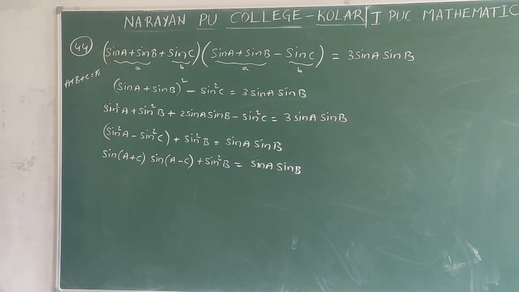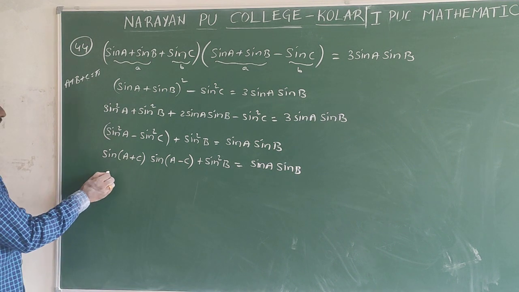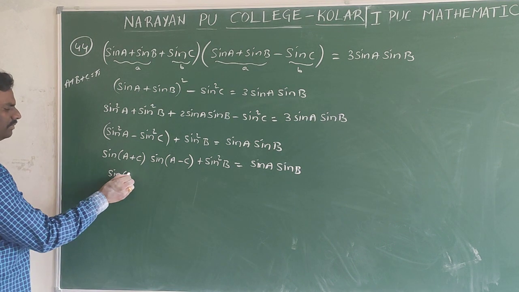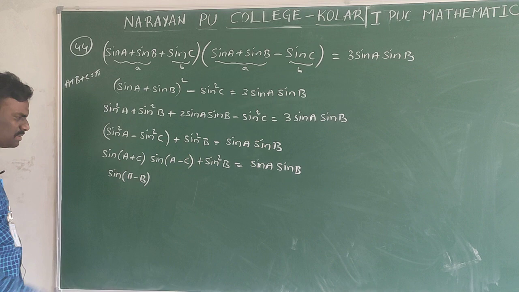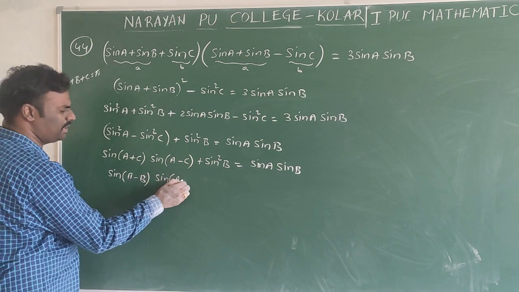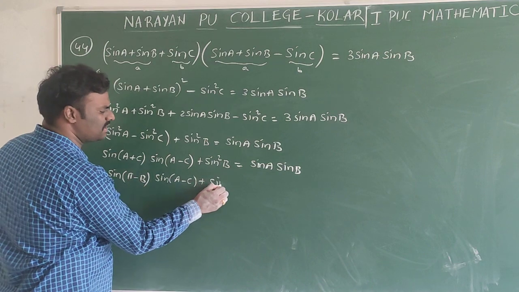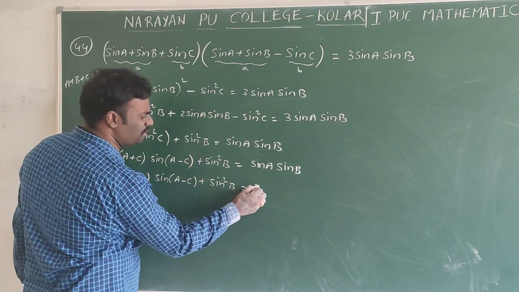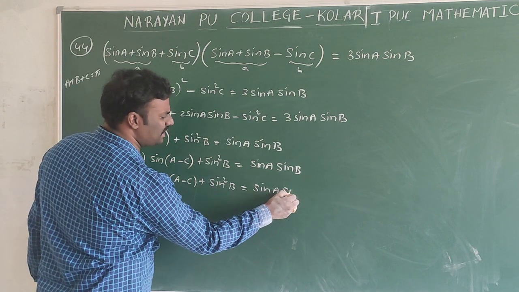From this, A plus C can be written as 180 minus B, so sin of 180 minus B into sin of A minus C plus sin square B equals sin A sin B.